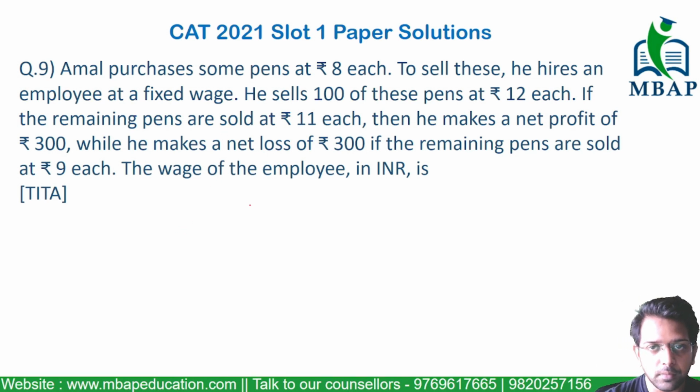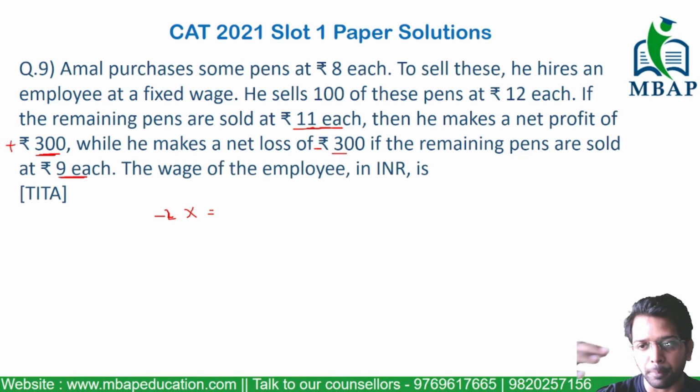Now, the important highlights I would love to mark here. When you are selling the pens for ₹11 each, you are getting 300 rupees profit. When you are selling them for 9 rupees each, which is a loss of 2 rupees per pen for X number of pens, I am making a loss of 300. So from plus 300, I repeat, from plus 300, I am coming to minus 300.